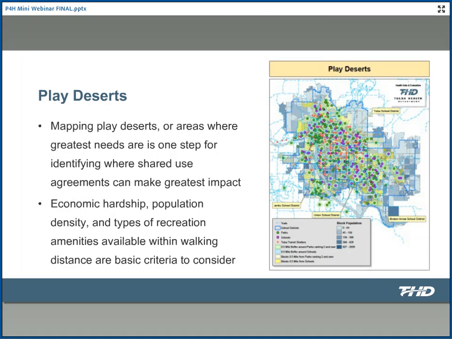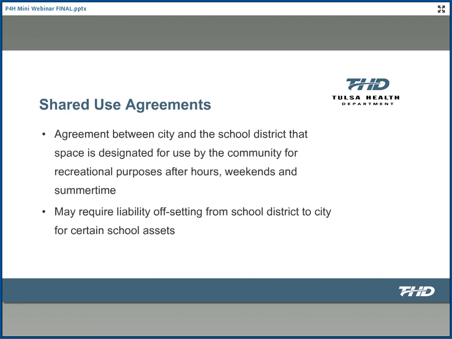And the idea of play deserts came through the CDC, and Kaboom has also collaborated on it. The national NRPA has given their input on it. And the economic hardship index is one way to capture a lot of the factors to get a gauge on where a play desert is.